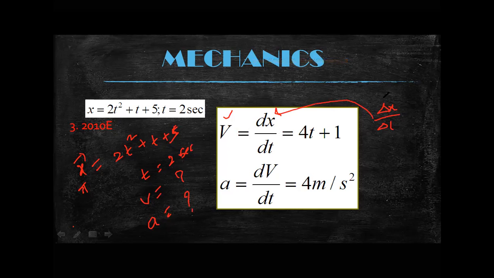What is the difference between delta and d? Delta is used for the discrete case. Discrete means changes like 1 second, 2 second, 3 second, discrete numbers. But when I use d, it is a continuous function, for example y is equal to x square. This is changing continuously, like a parabola.